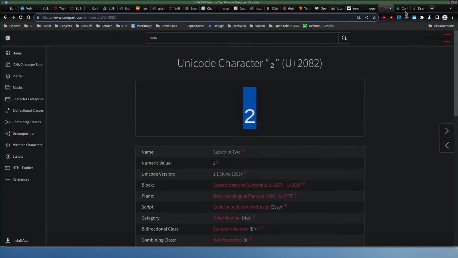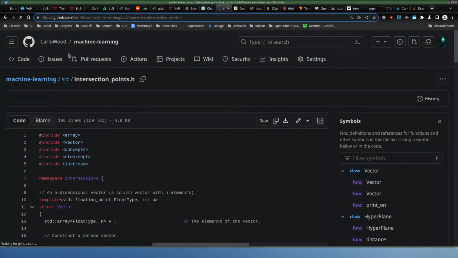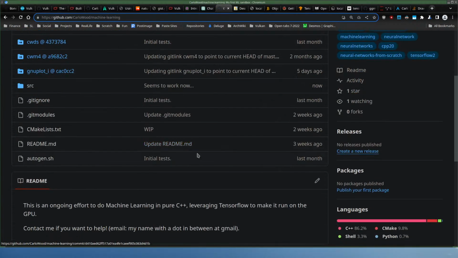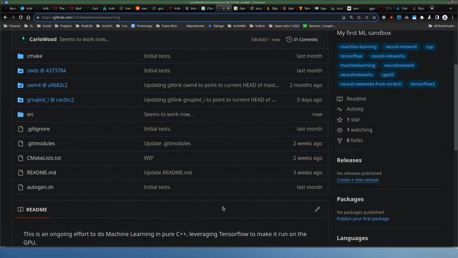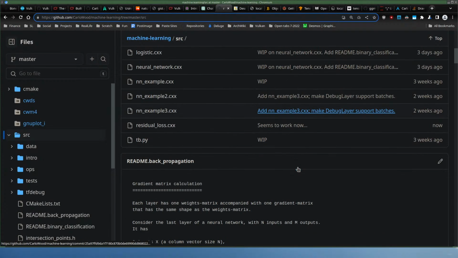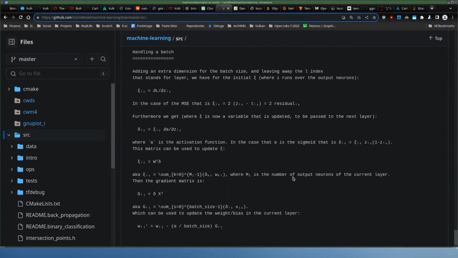So that ended up here. Backpropagation is being shown here.